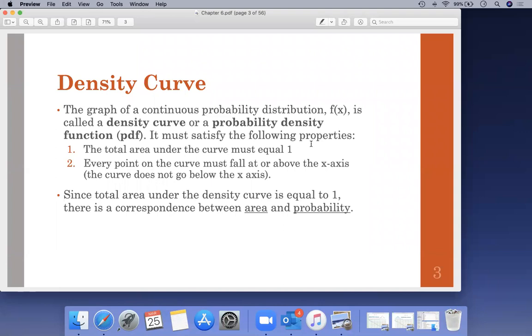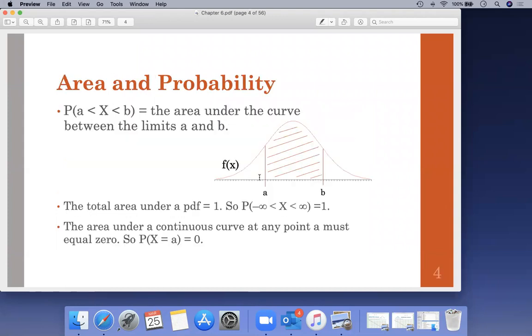A probability density function must satisfy these two properties. First one is, the total area under the curve must equal 1. I will show you what a density curve is. This is an example of a density curve.